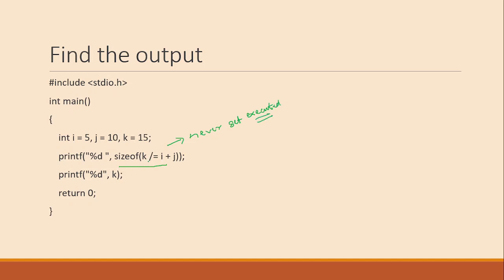Instead, all these operands are treated as integer. The size of an integer is 4 bytes. So you will get an answer of 4 in this code. And when I print k, the value is still 15. So you get 4 and 15 as the answer for this.